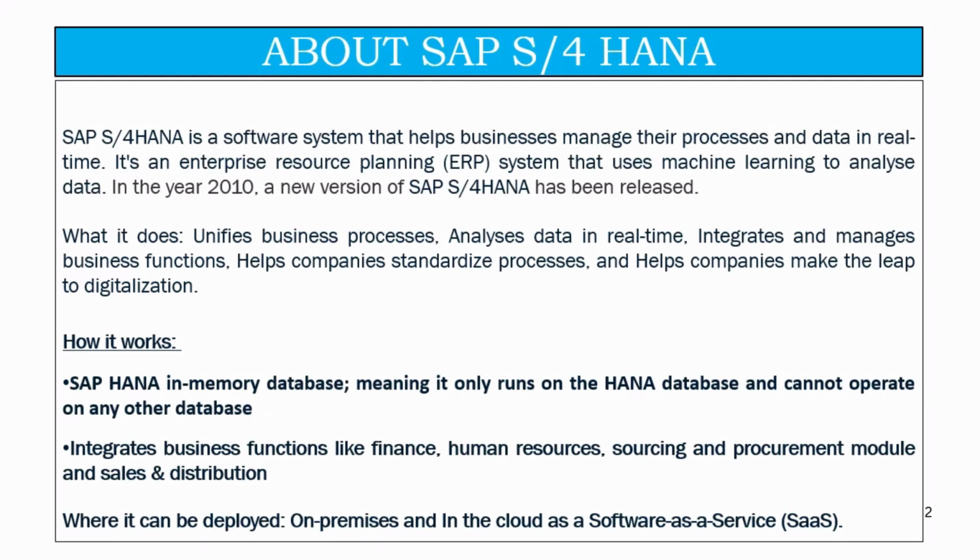SAP S4 HANA. Actually, four ex-employees of IBM laid the foundation of SAP ERP system in somewhere around 1972, and then they released the first SAP ERP, and thereon they had the R1, R2, R3 until R3 ECC 6.0 and 7 probably.